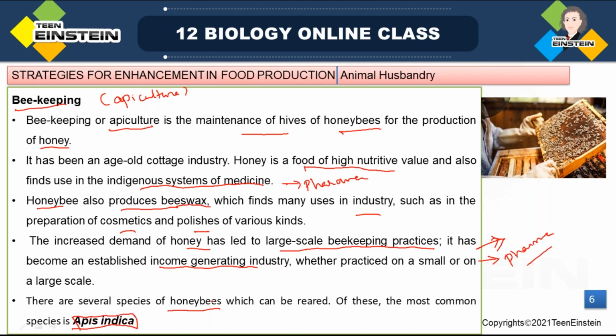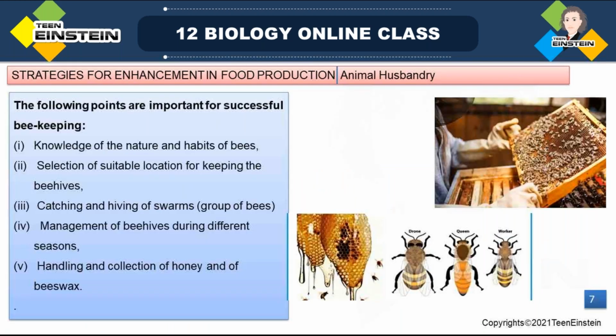Beekeeping can be done in fruit orchards, and among cultivated crops we can keep this. Wherever, it's very easy. So people started that as a business.